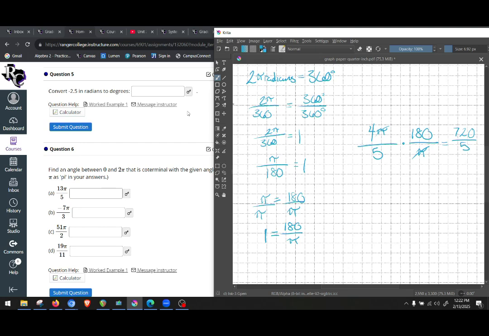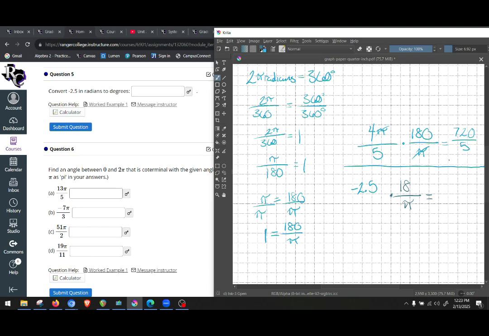Okay, we're going to do the same thing on this next one. Negative 2.5 radians. So negative 2.5 times 180 over pi.